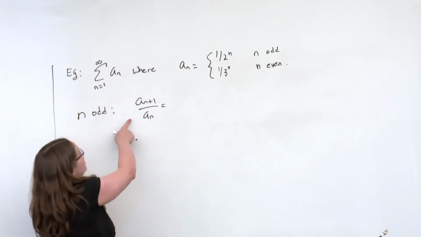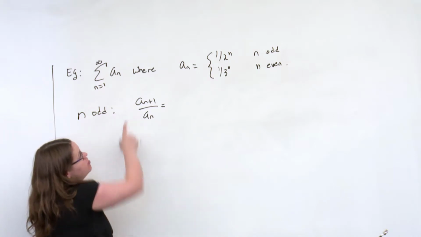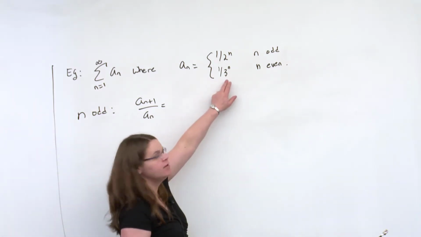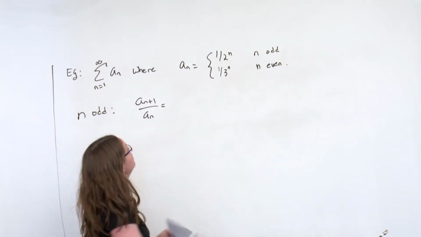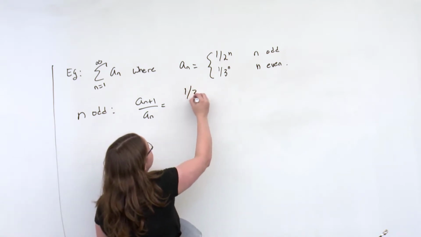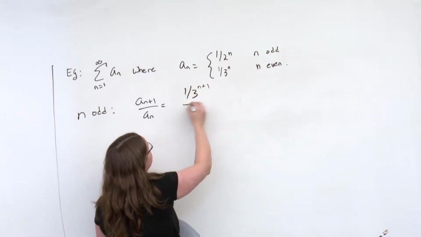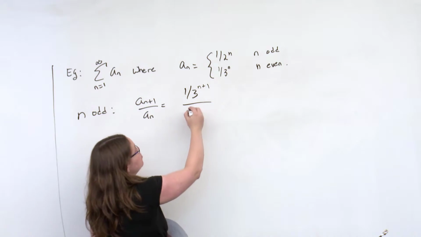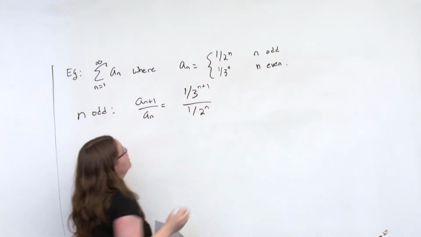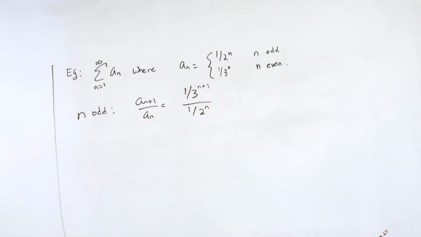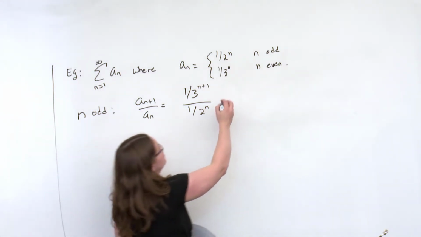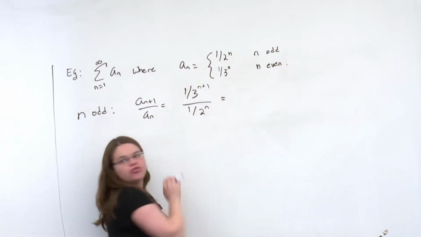Okay, so here, n is odd. That means n plus 1 is even. So a_(n+1) is going to live in this category here: 1 over 3 to the n plus 1. And a_n is odd, so we have 1 over 2 to the n. If I simplify this a little bit, I have an extra 3 here.